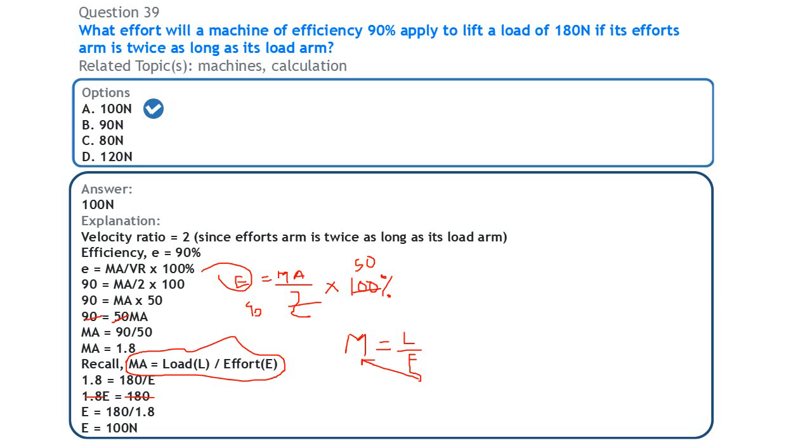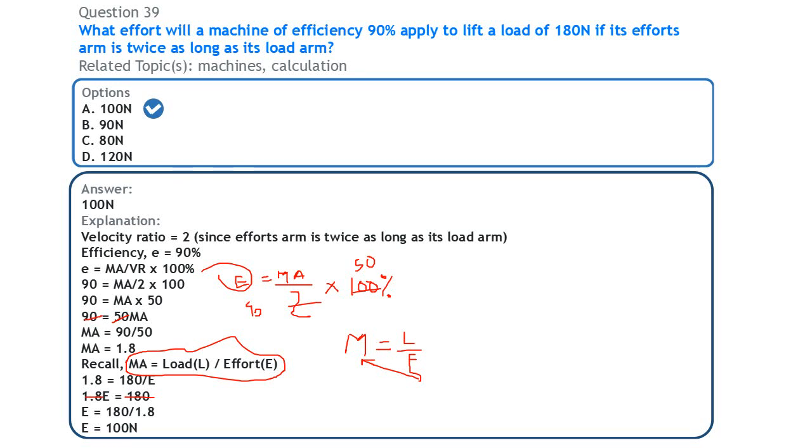So here 2 into 100 is 50. Remember that our efficiency here, they gave us as 90. So we have 90 on this side equal to MA times 50, that's 50 MA. To get MA, we then divide both sides by what?